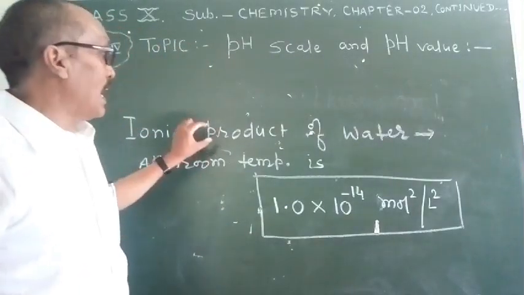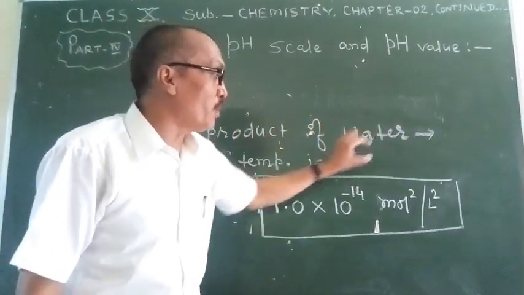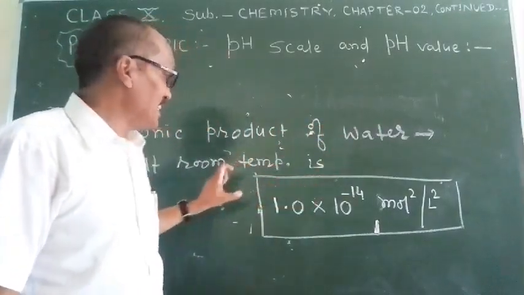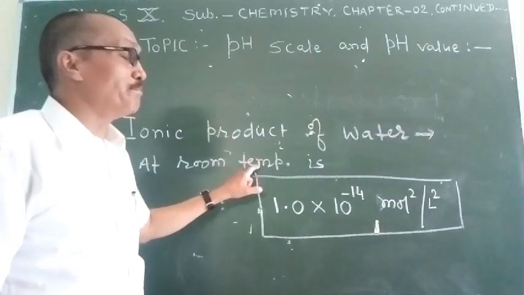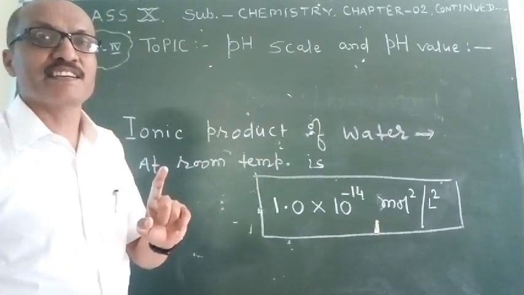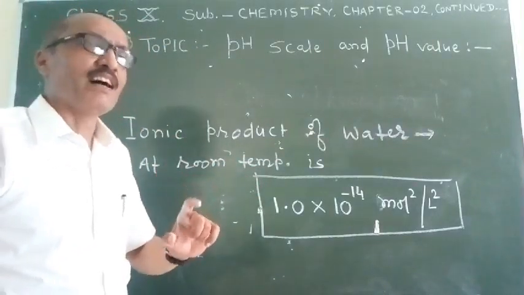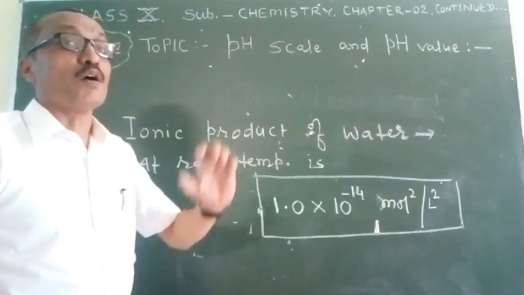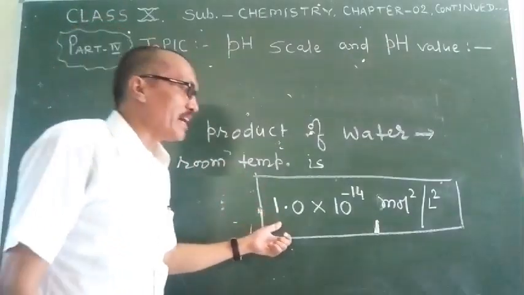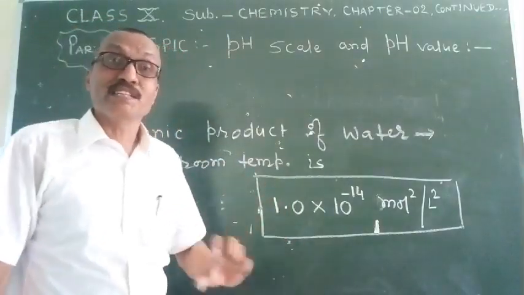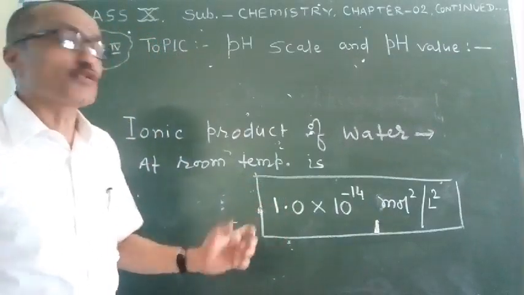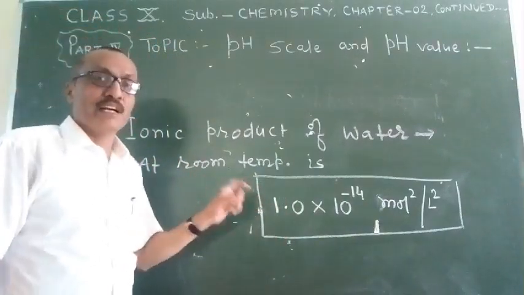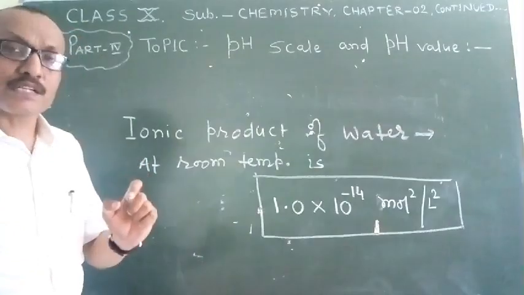It means ionic product of water value is temperature dependent. If temperature either increases or decreases, its value can also be changed. So at room temperature, hereby I will discuss before you.